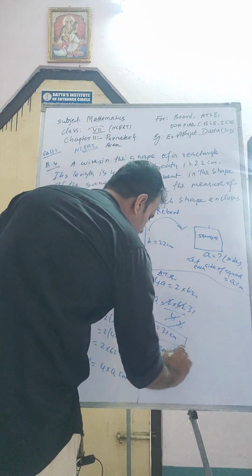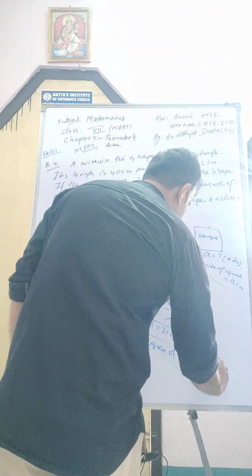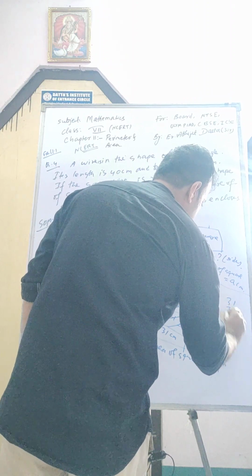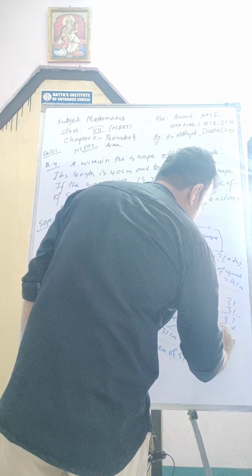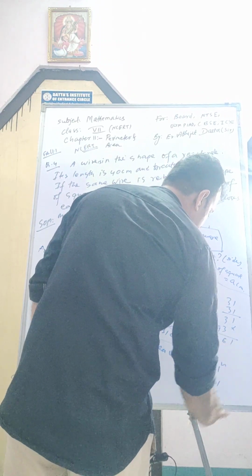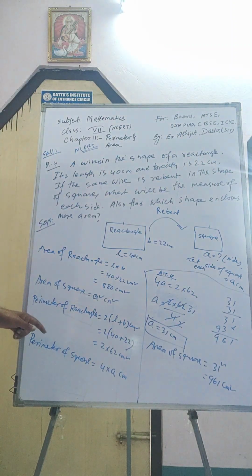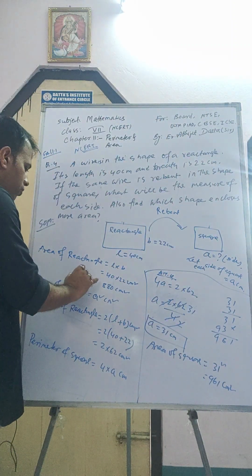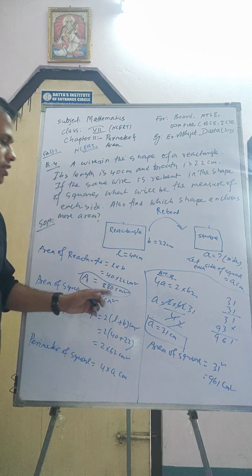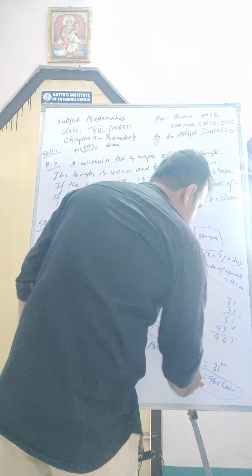Now we find the area of the square, equal to side square, that is 31 square. 31 into 31 is 961 centimeter square. So which area is more? The area of the rectangle, A1, is 880, and the area of the square, A2, is 961.